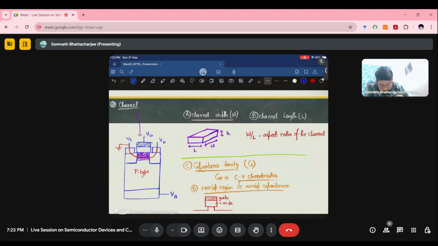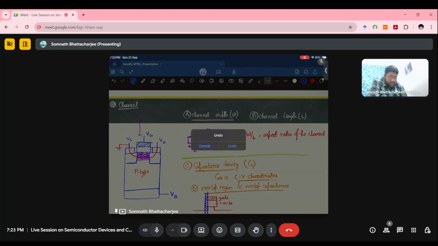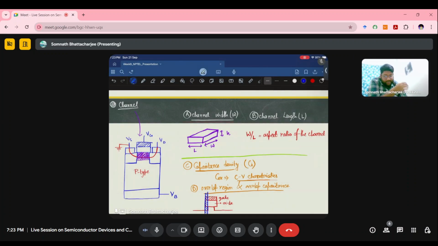So this region is called the overlap region. So what is overlapping? The overlap region is where the gate and the source/drain regions overlap.